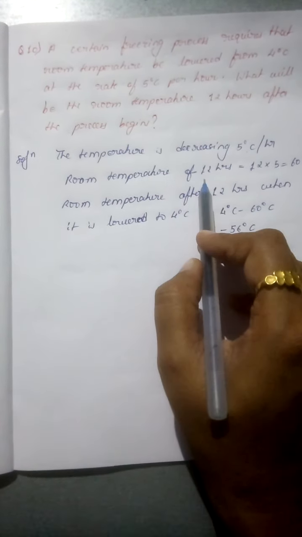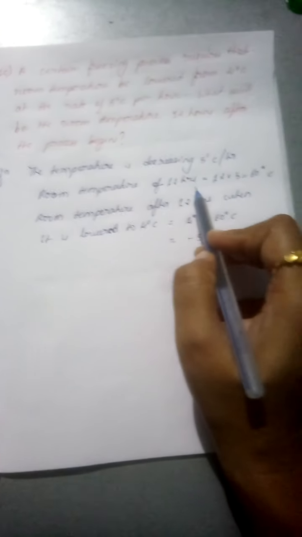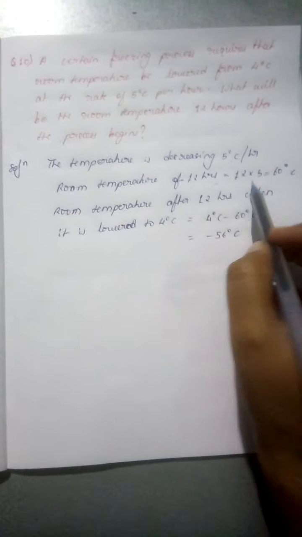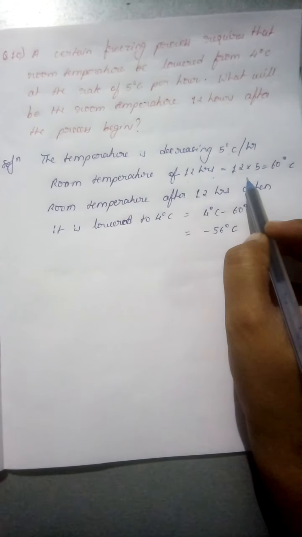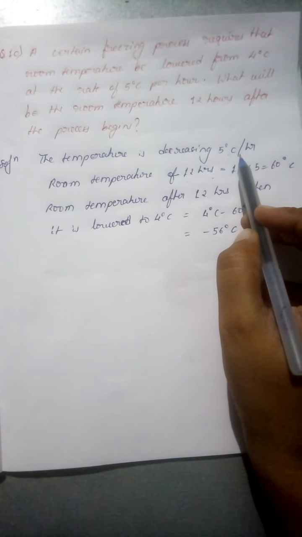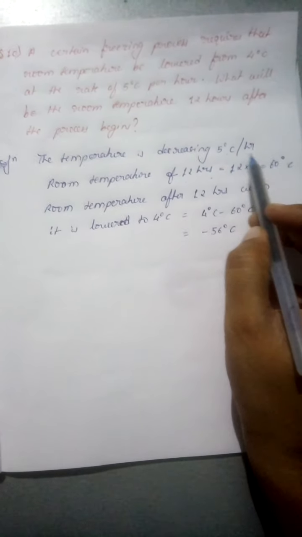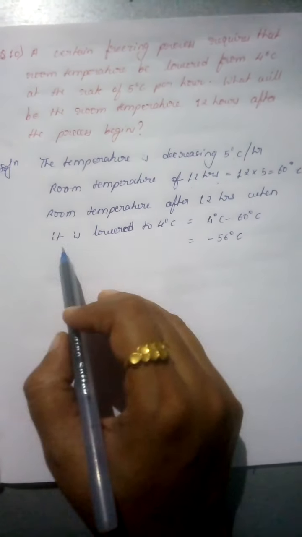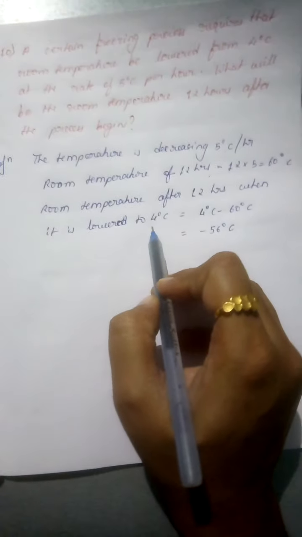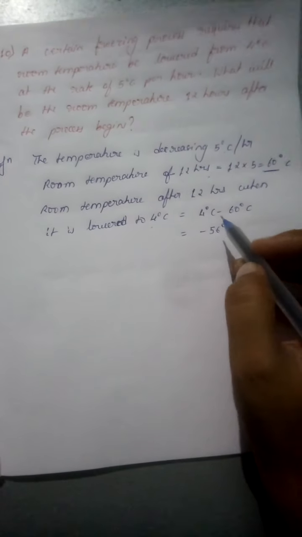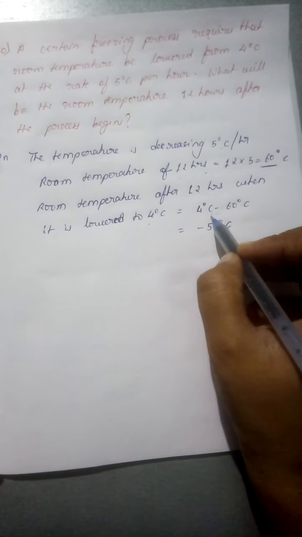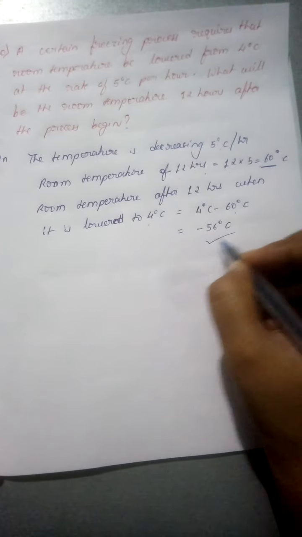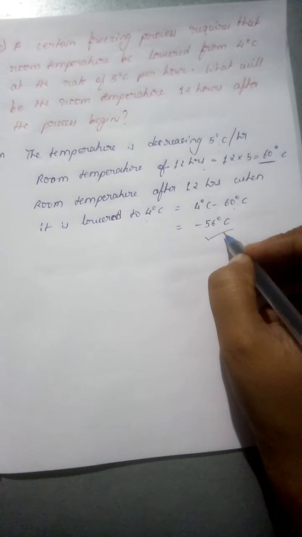So for 12 hours it will be 12 into 5, which equals 60 degrees Celsius. Then the room temperature starts at 4 degrees Celsius, so 4 degrees Celsius minus 60 degrees, and here we get minus 56 degrees Celsius.